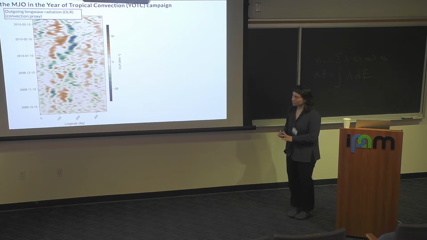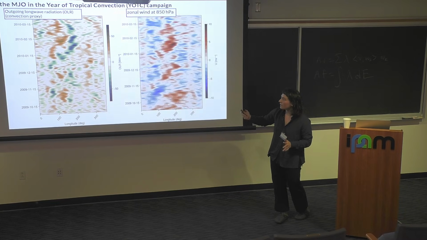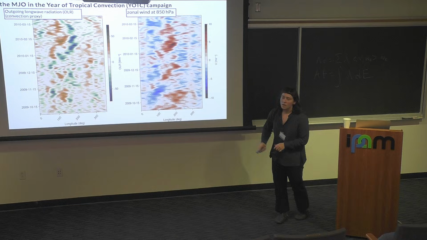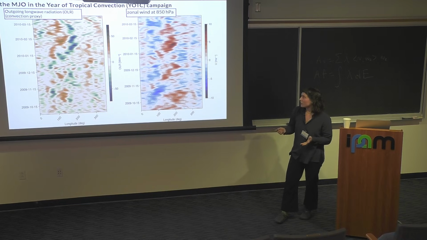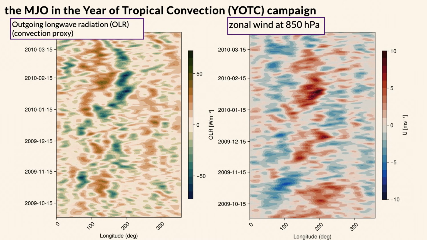Also note that this is bandpass data. It's kind of noisy, but these are what have been defined as the MJOs during this time. We'll also usually look at zonal wind at 2 pressure levels. I'm plotting it here at 850 hPa, but we'll also look at zonal wind at 200 hPa.